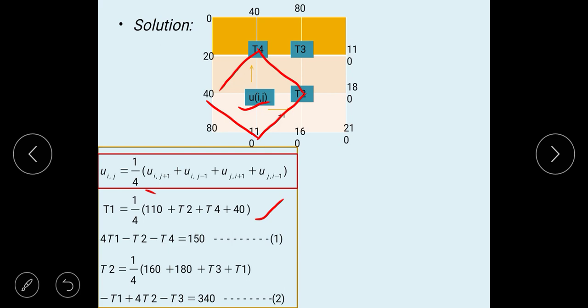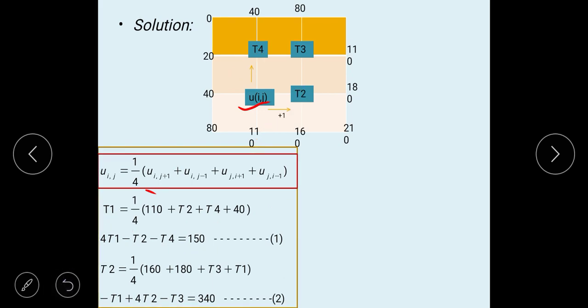Then you can simplify it. Taking the terms on the left side, you will get 4T1 minus T2 minus T4 equal to 110 plus 40, that is 150. We take the numbers on the right side and all the unknowns on the left side. So finally we get 4T1 minus T2 minus T4 equal to 150. That is your first equation.